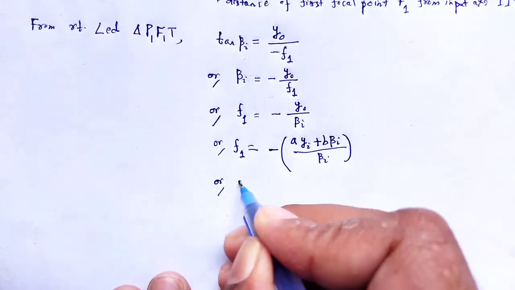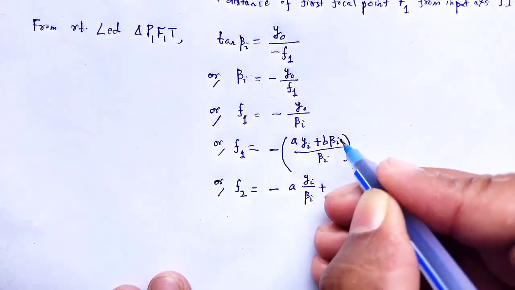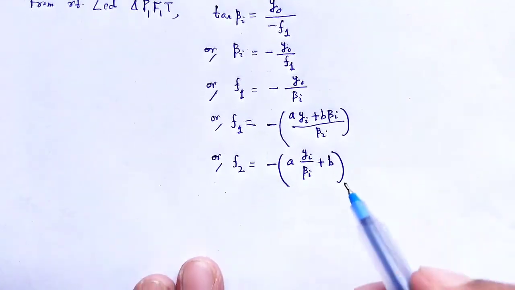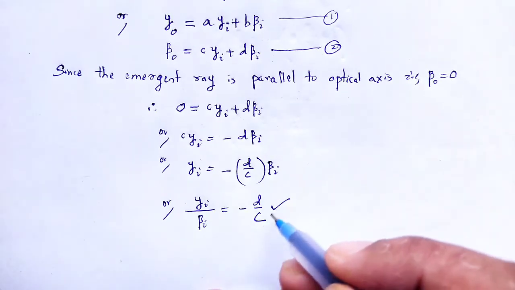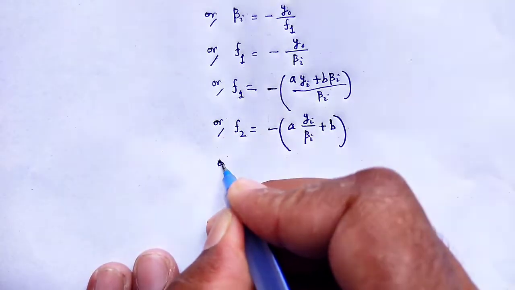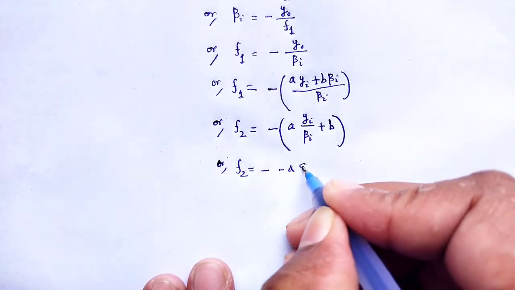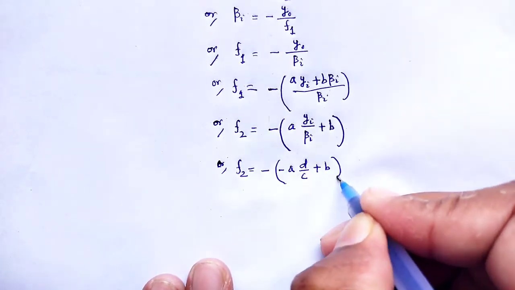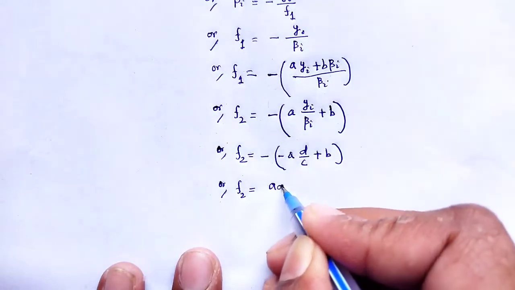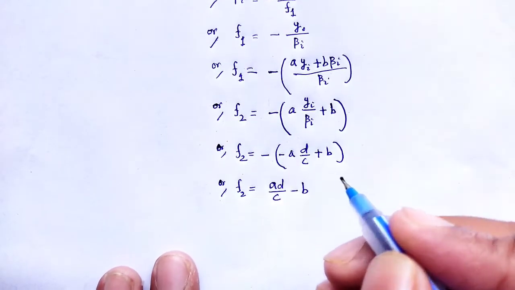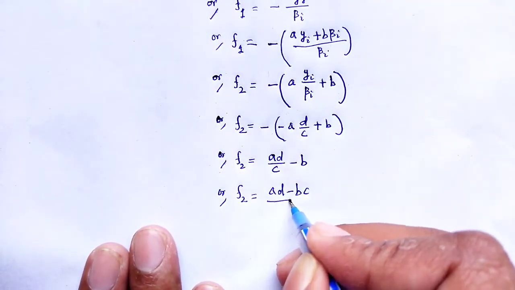Solving that bracket term, f1 is equal to minus A yi divided by beta i plus beta i cancels out, plus B. Look here, yi by beta i is equal to minus D by C. So the value is put here, f1 is equal to minus A times minus D by C plus B, or f1 is equal to plus AD by C minus B, or f1 is equal to AD minus BC divided by C.